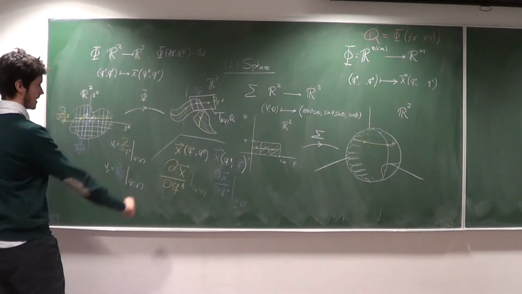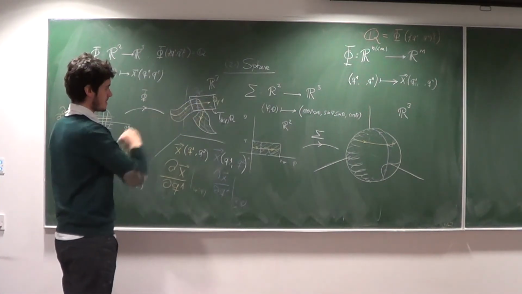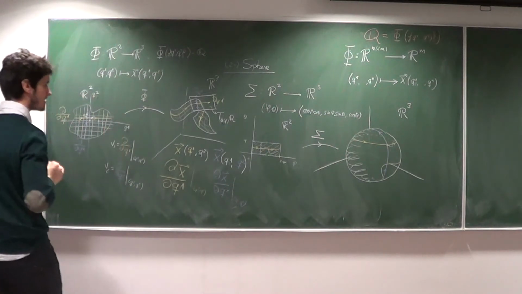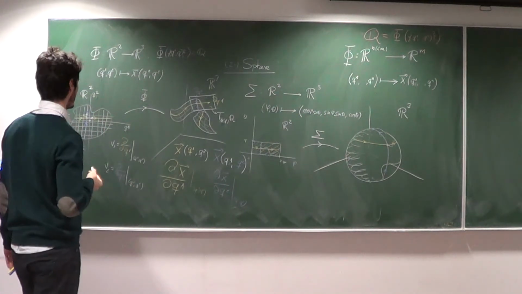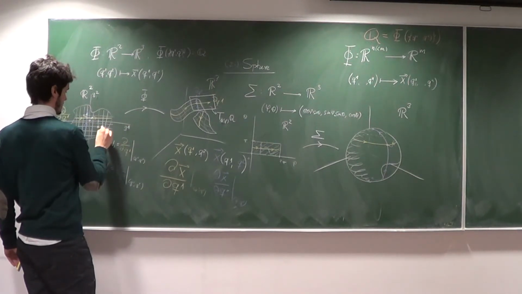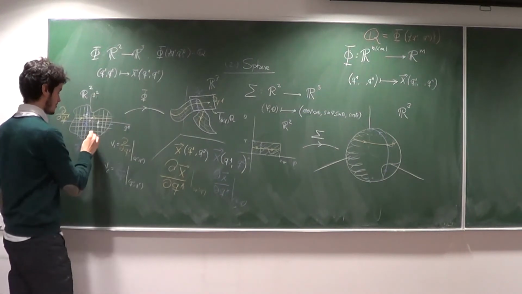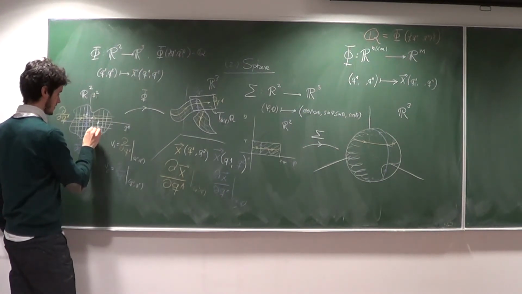So note that this discussion was made at every single point of the surface, but it's absolutely independent of which point we like. And so if we pick another point, we'll have the exact same discussion, and another point, the exact same discussion.